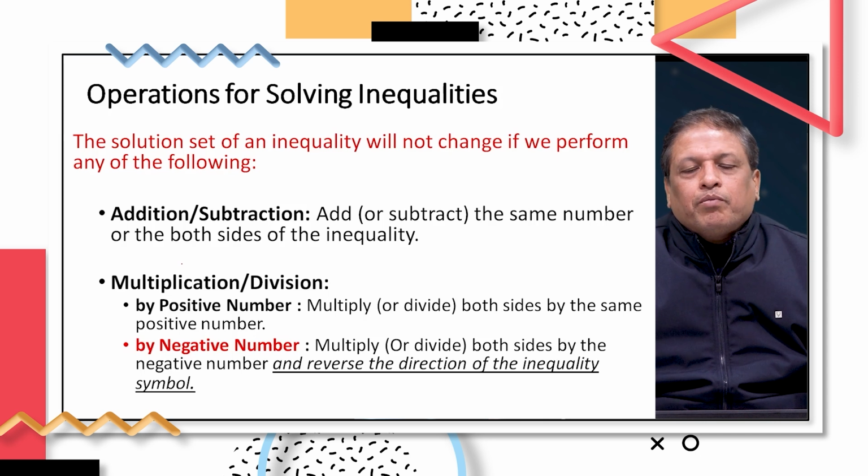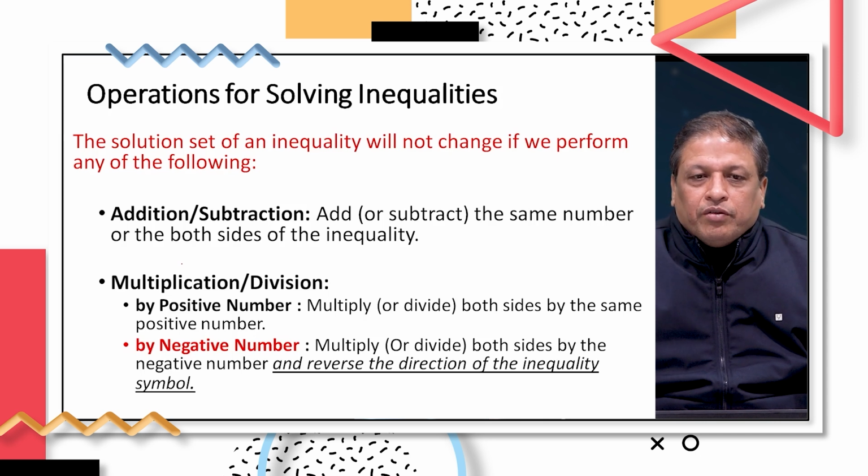Apart from this, when we are performing multiplication or division, there are two cases, by a positive number and by a negative number. In the case of a positive number, that is multiplying or dividing both sides by the same positive number, there is no change in the solution set. But when we are multiplying or dividing both sides by a negative number, then we need to reverse the direction of the inequality in order to solve it.